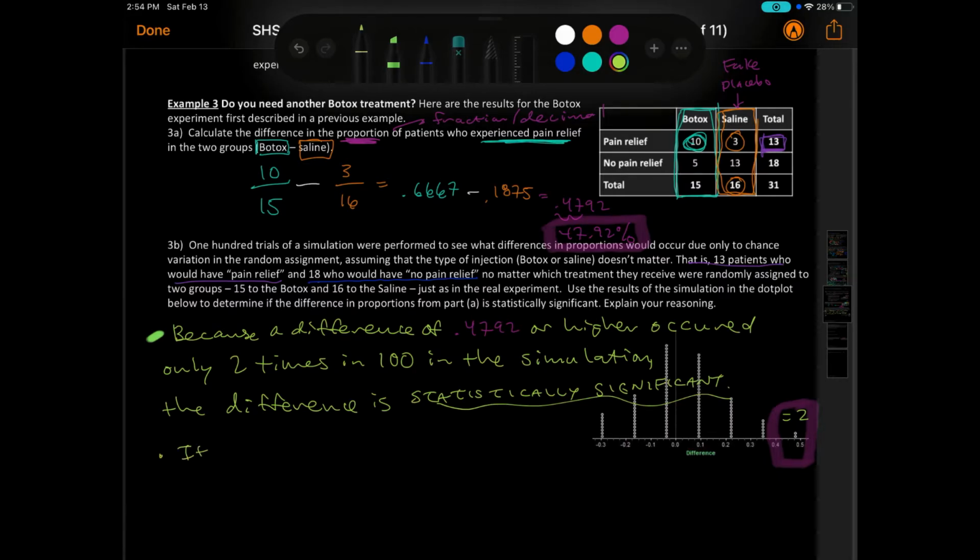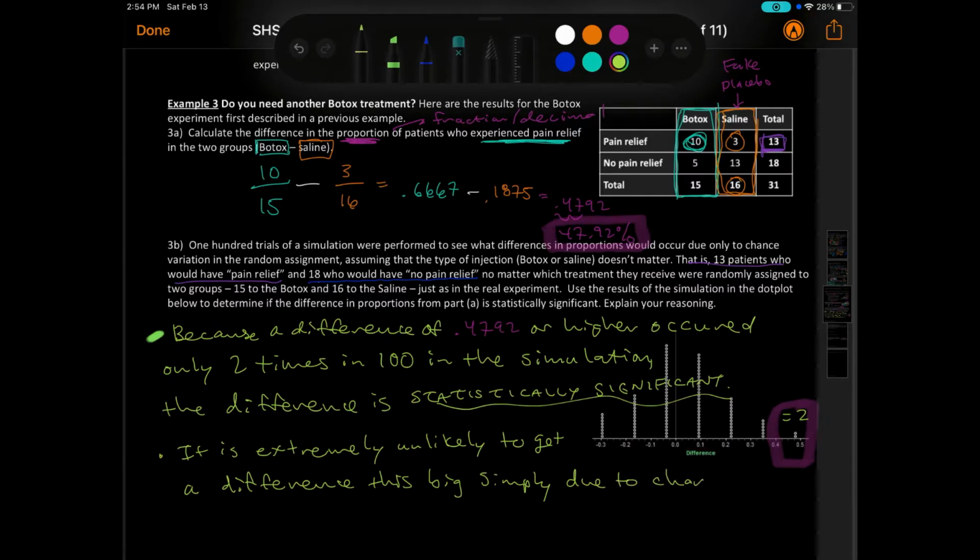It is extremely unlikely to get a difference this big simply due to chance variation in the random assignment.